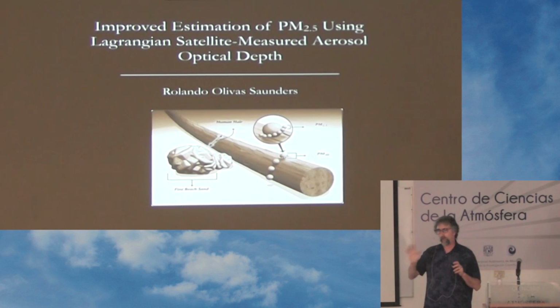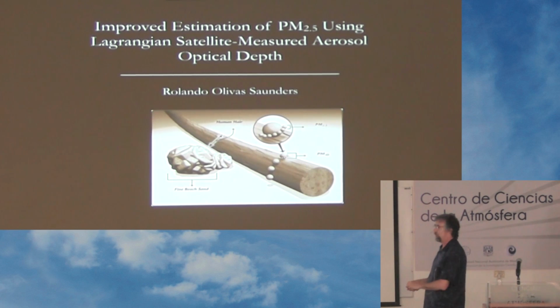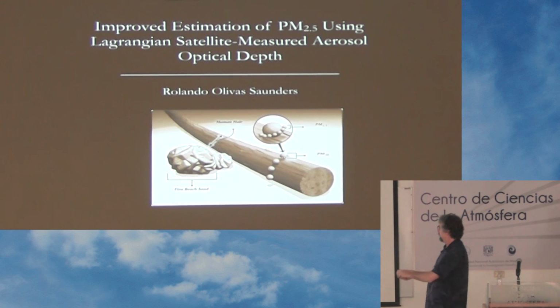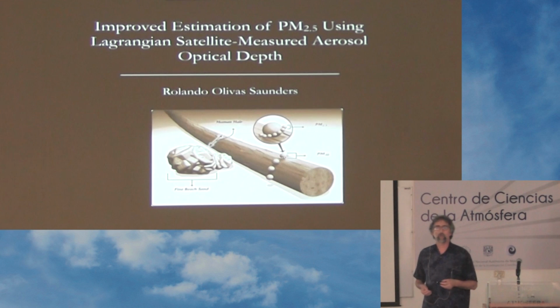So I don't know if everybody here is air pollution people, so I'm going to tell you a little bit about PM 2.5. So this is a human hair, okay? These little particles here have an aerodynamic diameter of 10 micrometers, okay? And these very little particles here have an aerodynamic diameter of 2.5 micrometers.